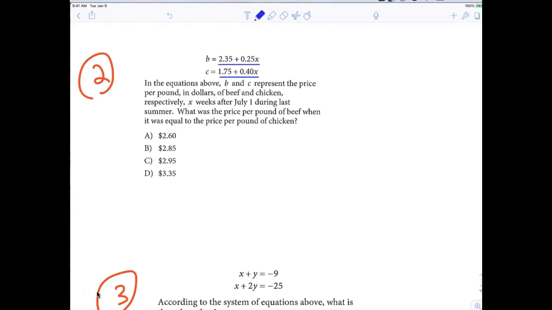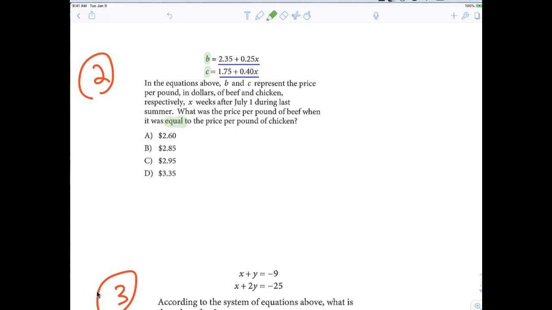Exactly. Thank you, Will. Listen right here, guys. Does everybody see this? This is the price of beef. This is the price of chicken. We're trying to find when the prices were equal. So a lot of people, I don't understand why they didn't come up with that. We're just going to set them equal to each other.